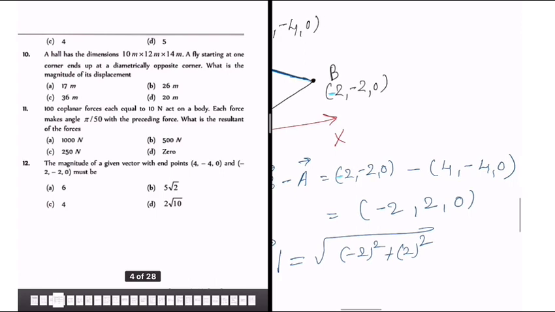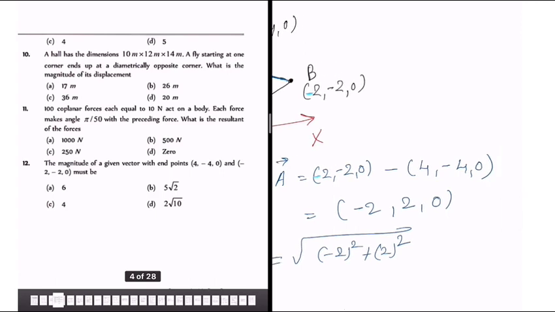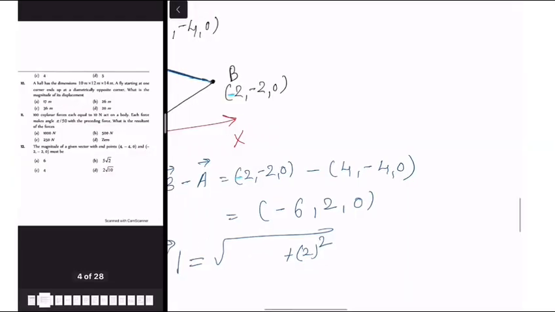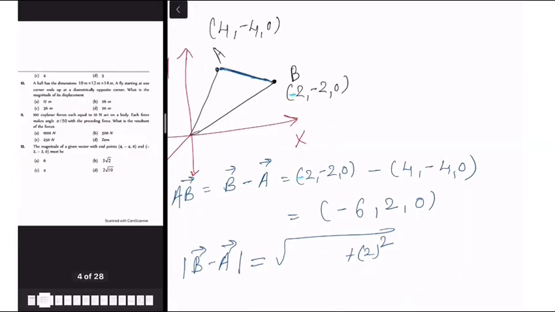Correction, minus 2 minus 4 is minus 6. This is minus 6, it was my mistake. Now need to make corrections. Okay, again minus 2 minus 4 is minus 6, minus 2 plus 4 is 2.